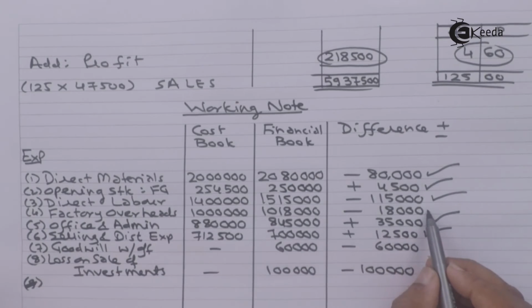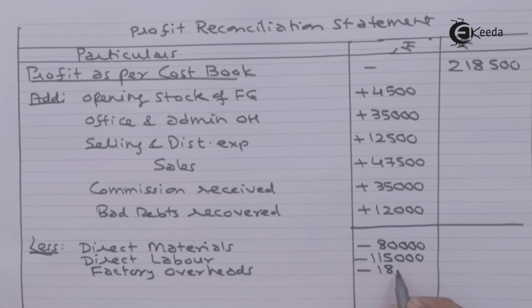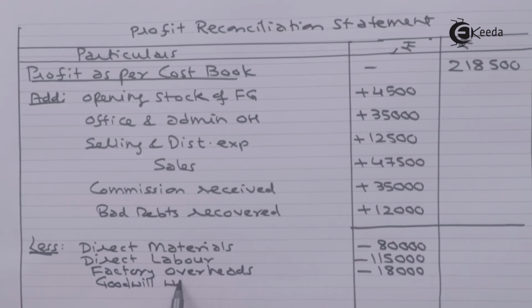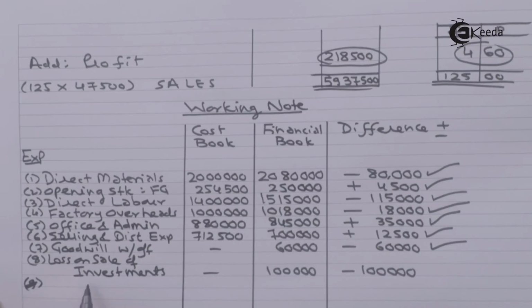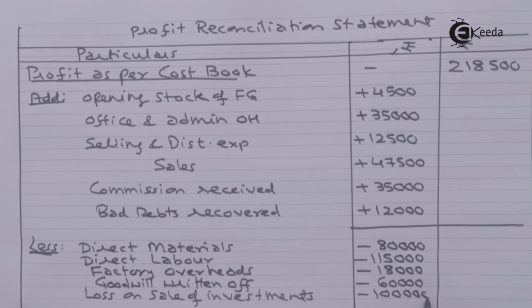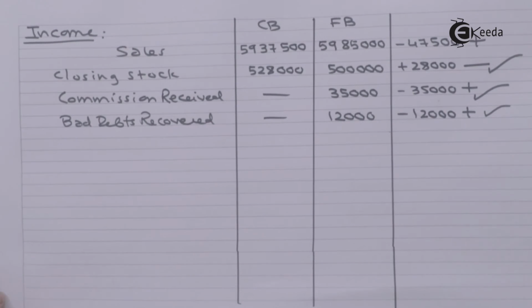Factory overheads minus 18,000. Goodwill written off minus 60,000. Loss on sale of investment minus 1 lakh. Closing stock minus 28,000.